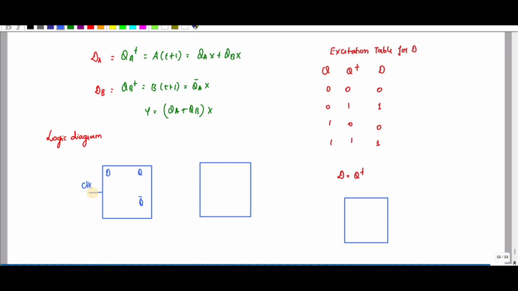Since it is a synchronous circuit, the clock is common. This is your A and this is your B.